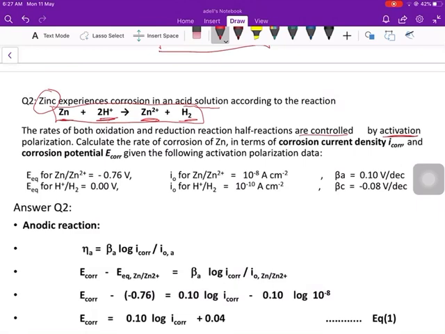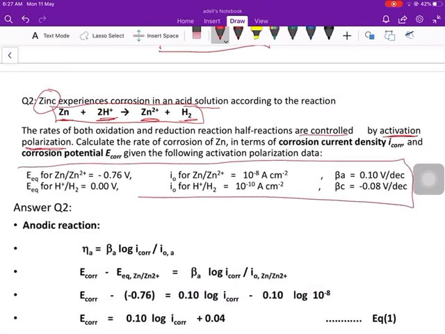The rates of both the oxidation and reduction reactions are controlled by activation. The corrosion process is controlled by activation polarization, so both have slopes. Alright, so there is no concentration polarization. These are the polarization data given for this activation polarization.